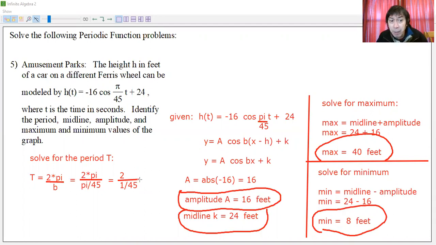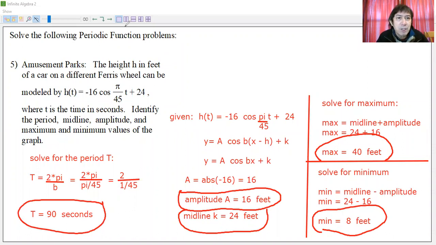The pi and the pi cancels out. And so 2 divided by 1 over 45, that's 90, okay? So our period is 90. So t is equal to 90 with a unit of seconds there. So this must be our period there.